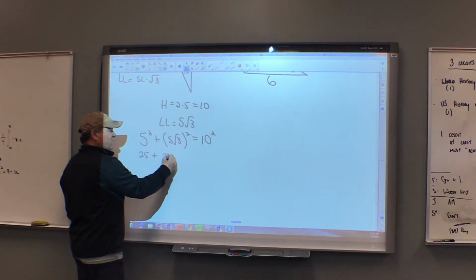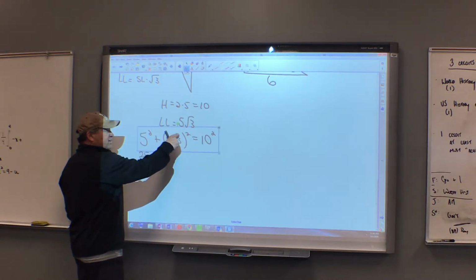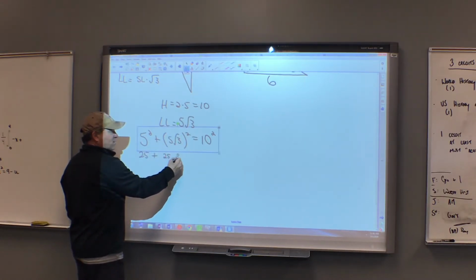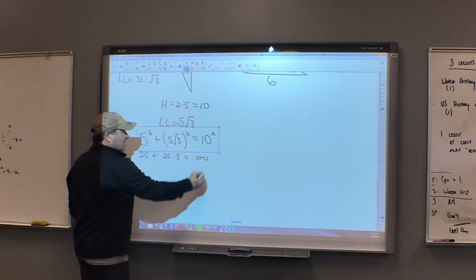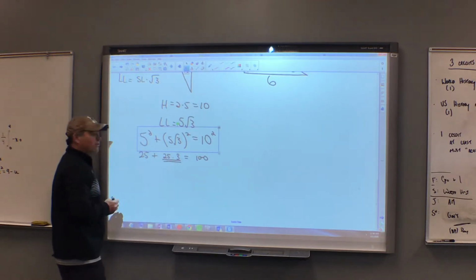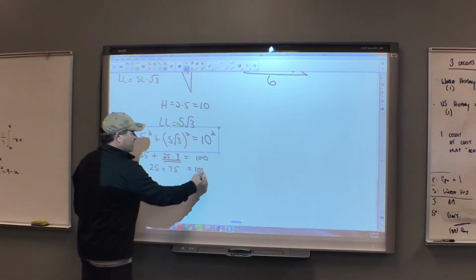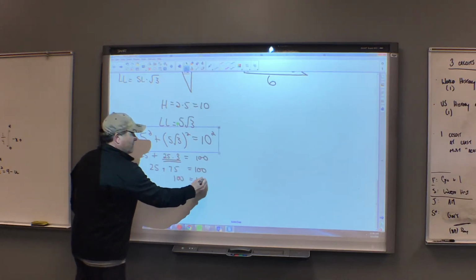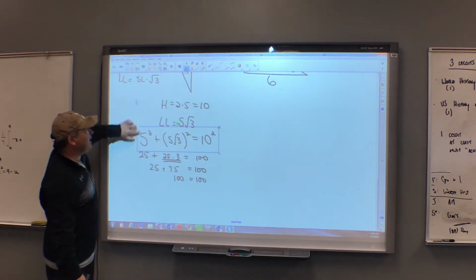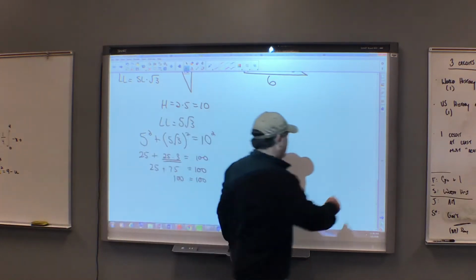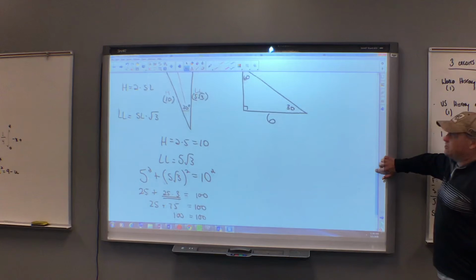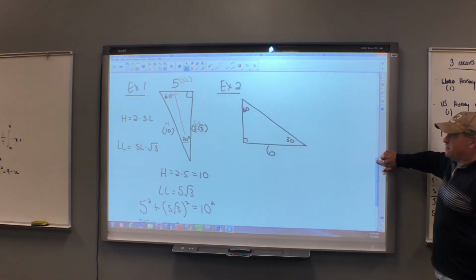That's going to give me 25. Root 3 squared is going to give me regular 3, and 10 squared is going to give me 100. And I can see right there, 25 times 3, oh, that's 75. And in fact, the Pythagorean theorem checks this out to the point where we can say, hey, that must have worked. My 2 leg squareds equal the hypotenuse squared.